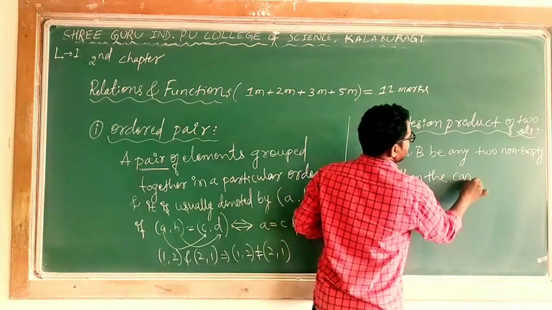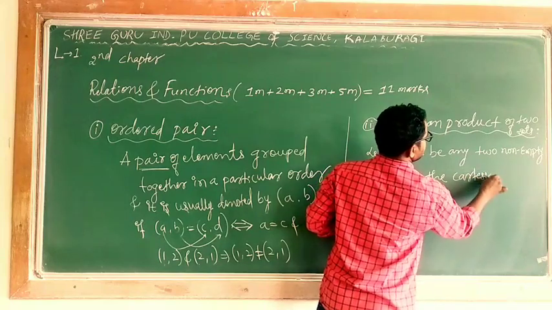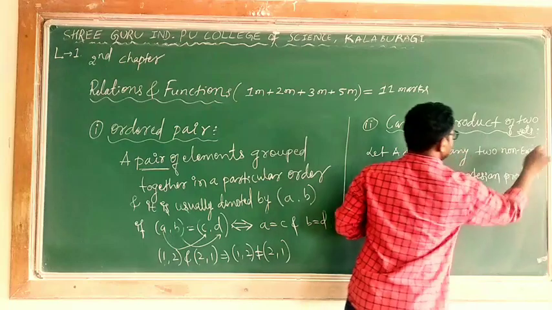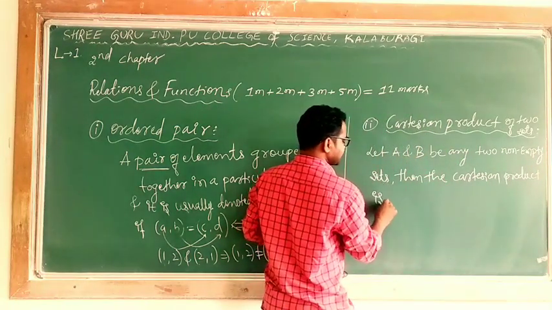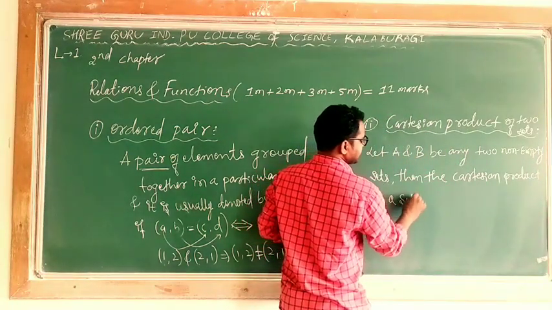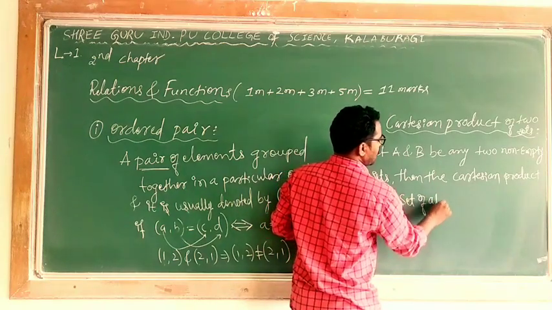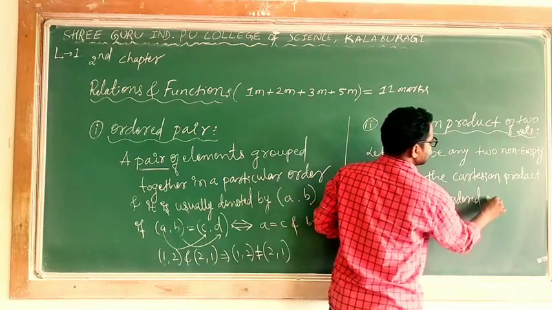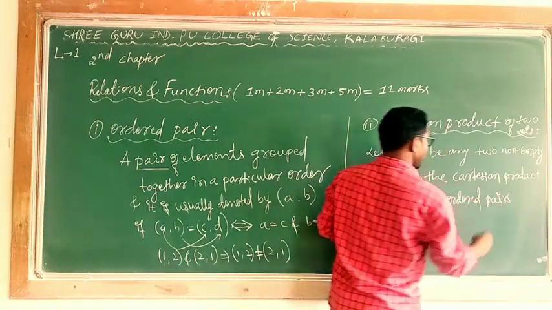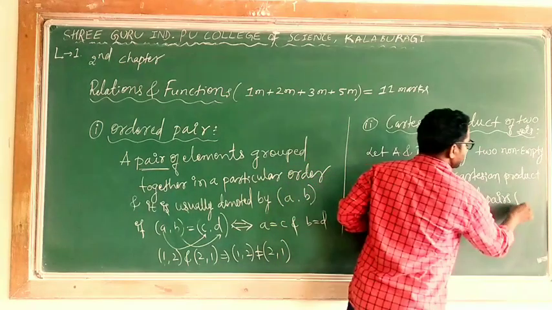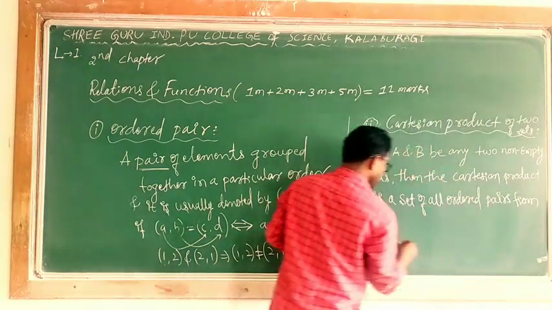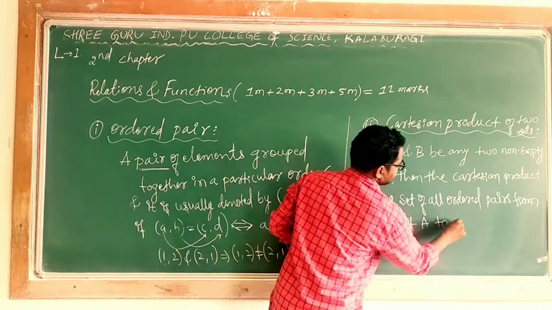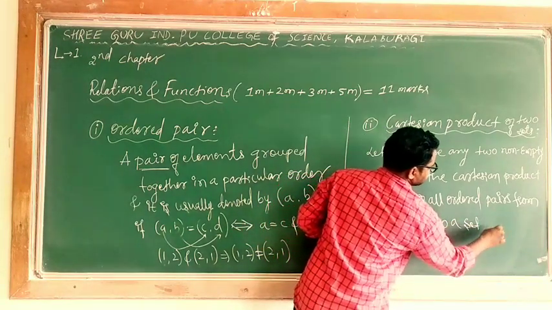Then the Cartesian product is a set of all ordered pairs from a set A to a set B.